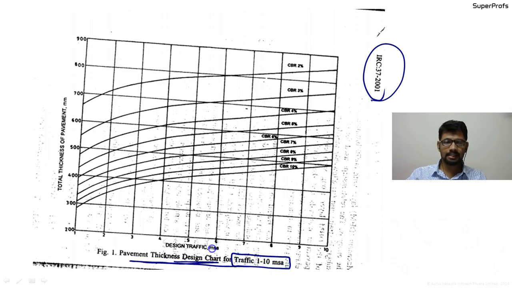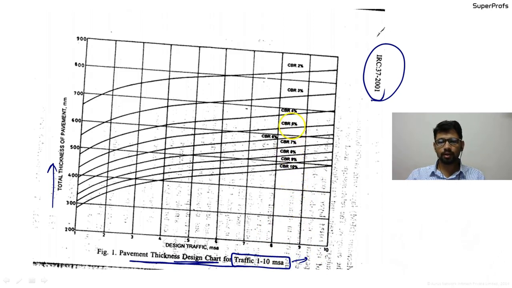Here on the y-axis it is the total thickness of pavement in mm, and these are the CBR values. Same chart, somewhere modifications are done, and like this there will be still more charts, say MSA between 20 to 30 may be there.